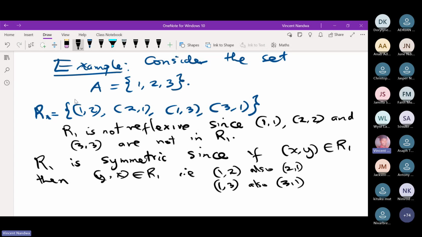Now, can we say that R1 is antisymmetric? Is it antisymmetric or not antisymmetric?